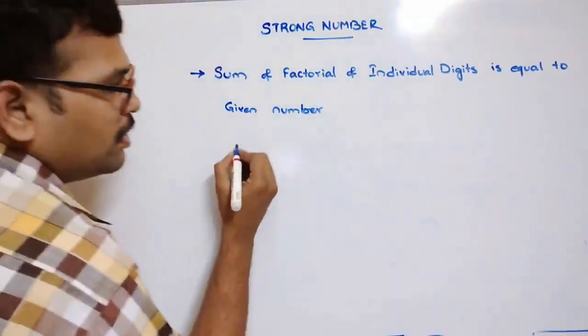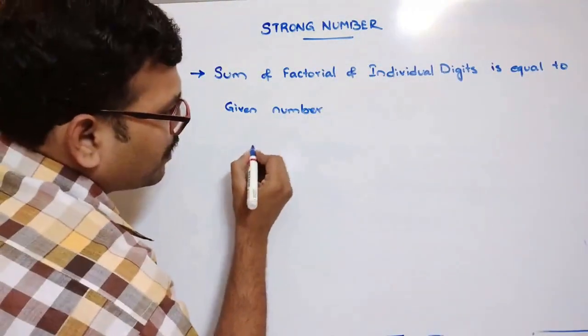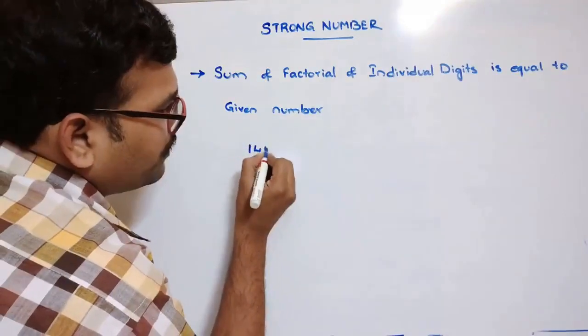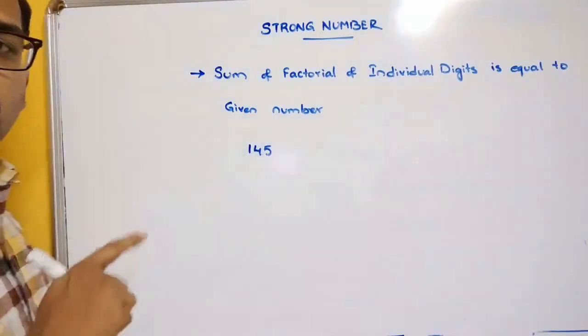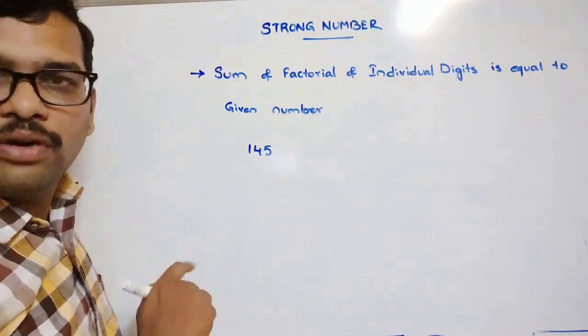For example, consider 145. We need to check whether 145 is a strong number or not.